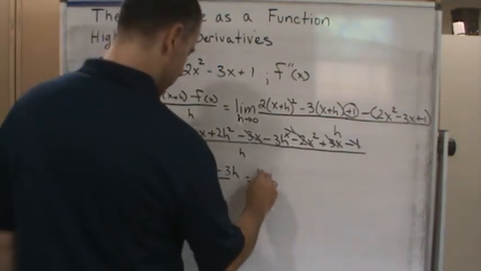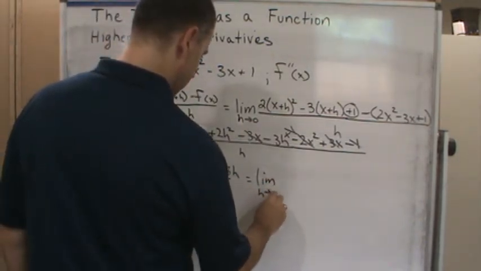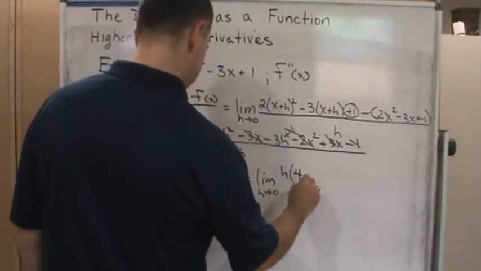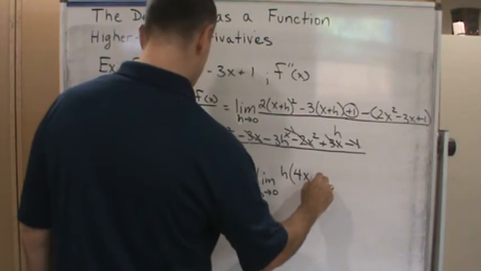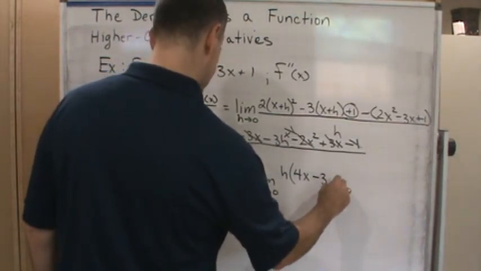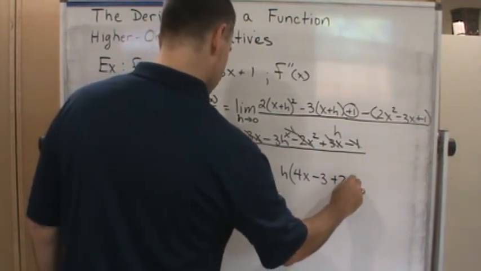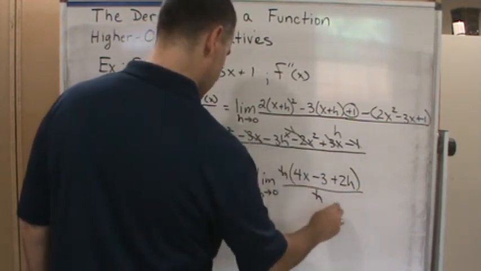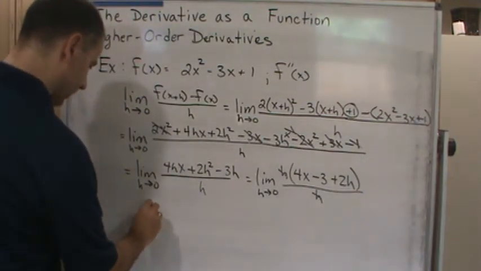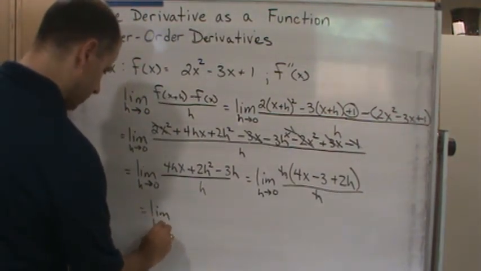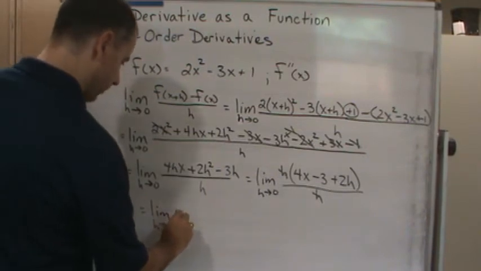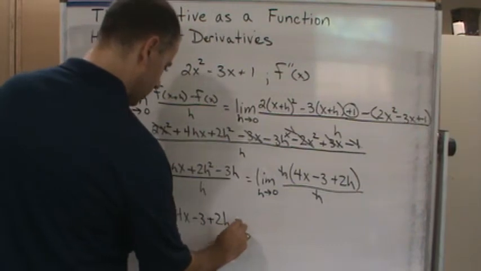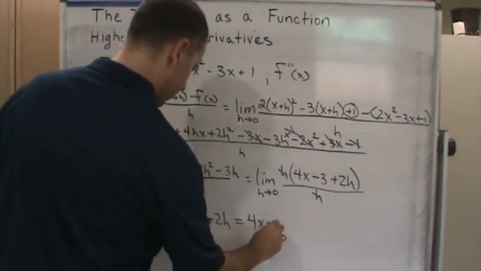And so now this equals the limit as h approaches 0 of h times 4x minus 3 plus 2h over h. And the h's cancel. And now we get the limit as h approaches 0 of 4x minus 3 plus 2h, which equals 4x minus 3.